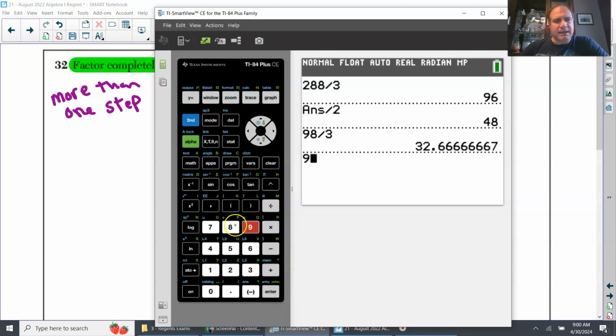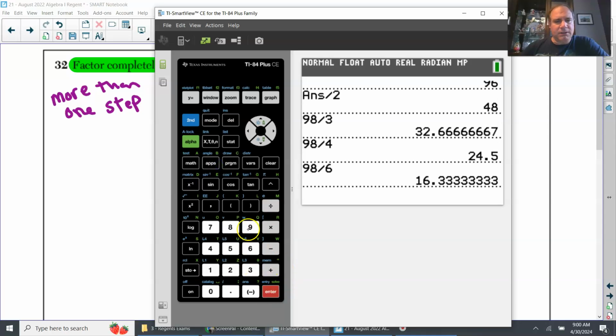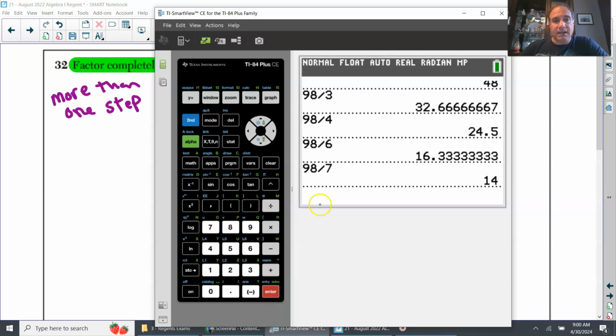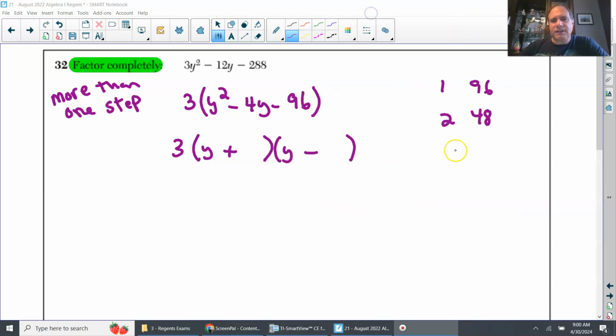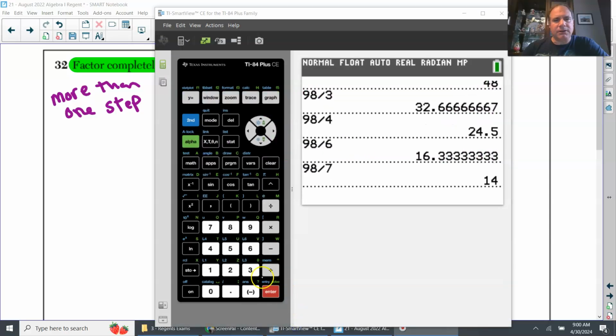No. 98 divided by 4. Let's see if that works. No. 98 divided by 5, 98 divided by 6, no. 98 divided by 7, no. Yes. All right, so 7 and 14. Can you make 4 out of that? No, you can't. Well, we have to keep on going.